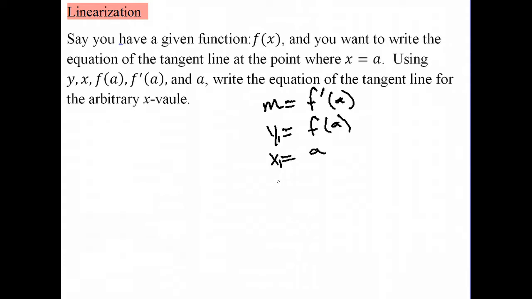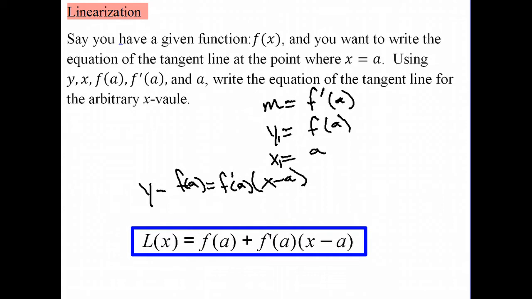So if we use our point slope form and say y minus f of a equals f prime of a times the quantity x minus a, well, this gives us a linear approximation. And actually, if we rewrite this just slightly and move this f of a over to the other side of the equation, and we call our y our new function L, this is the linearization of any given function.